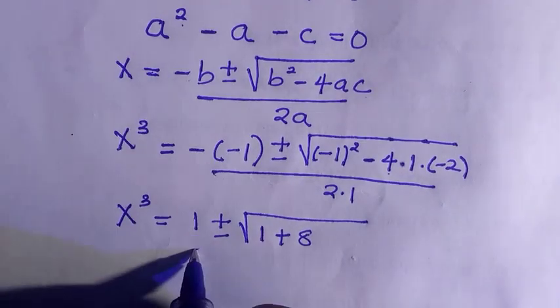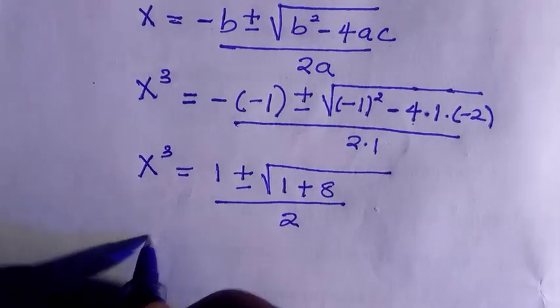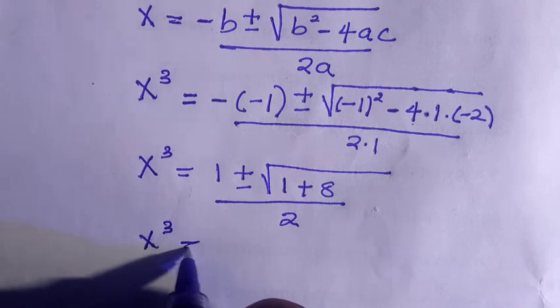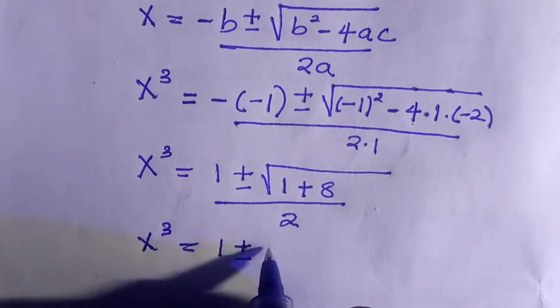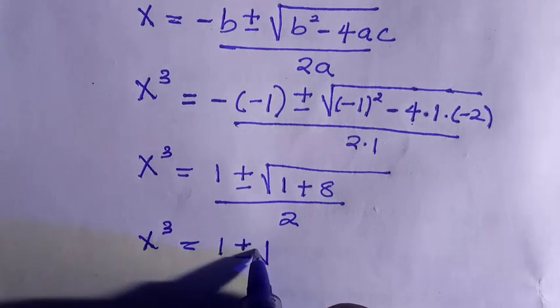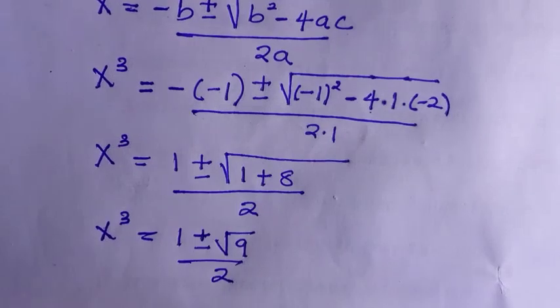Divided by 2. And we have x raised to power 3 equals 1 plus or minus, if you take the root of this, let's say 9 first, it is 3, divided by 2.